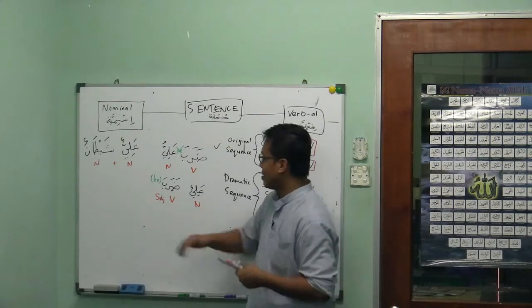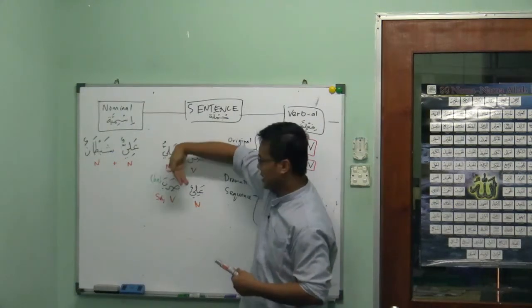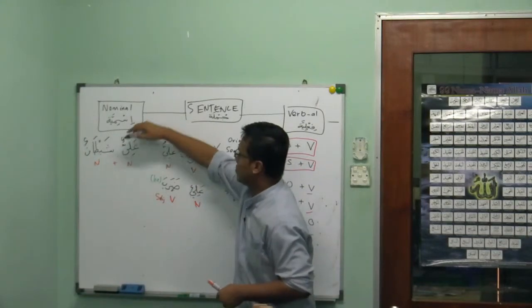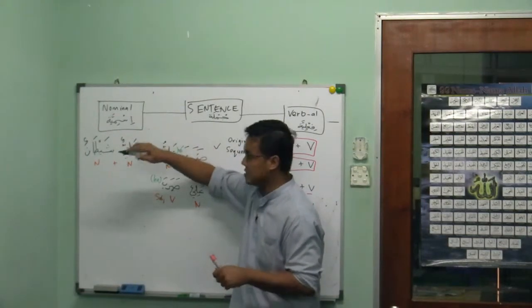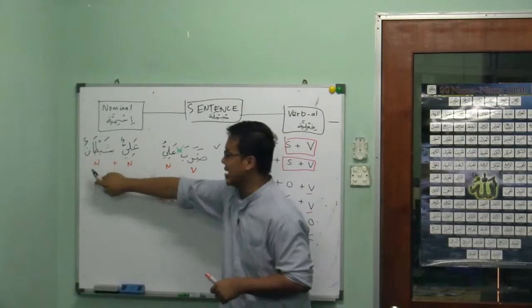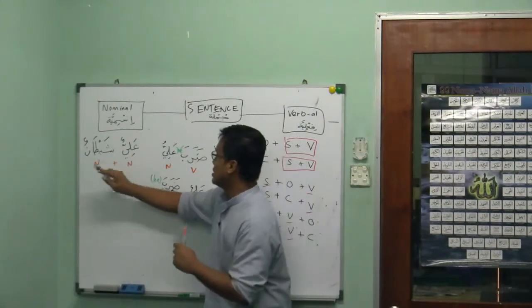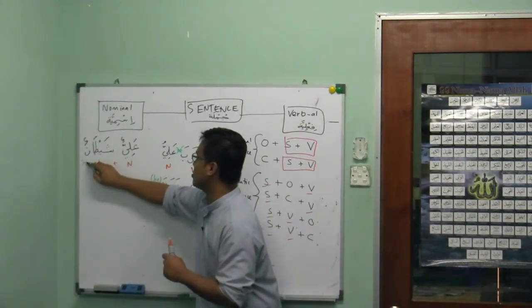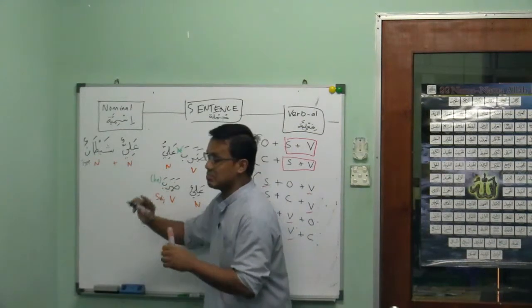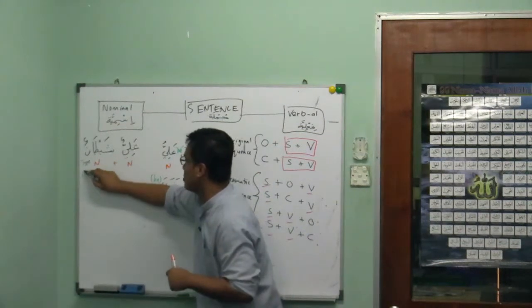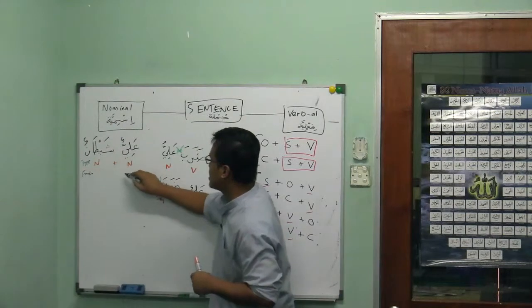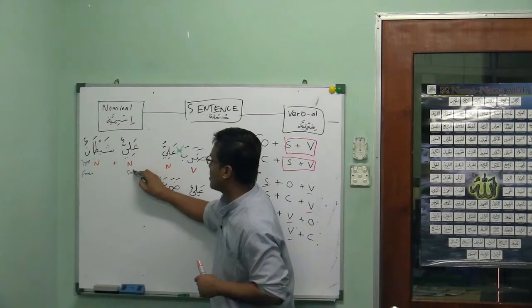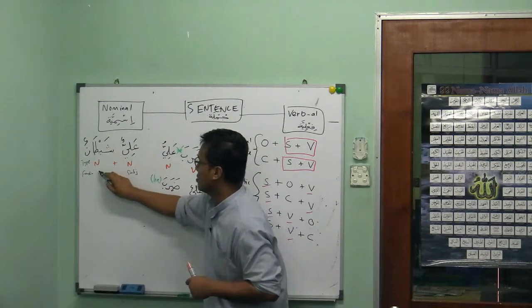So forget this first. When you have a nominal sentence, you have an N plus N, which in terms of type of word is called noun. In terms of function, this is called subject, and this is called predicate.